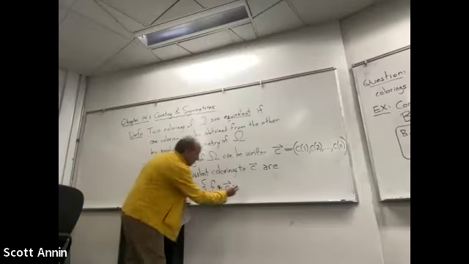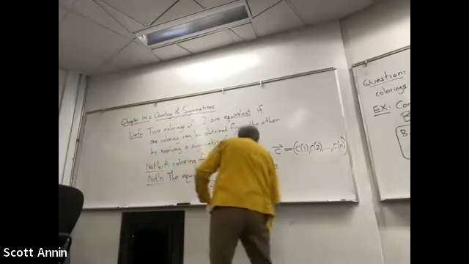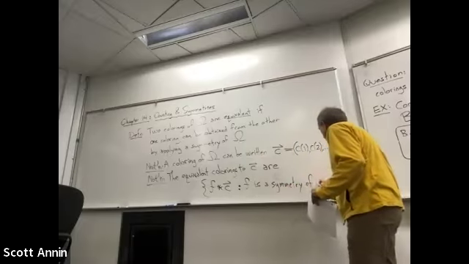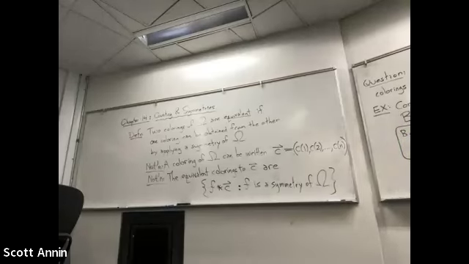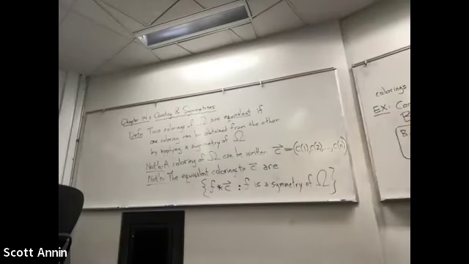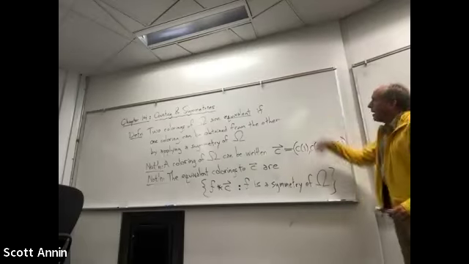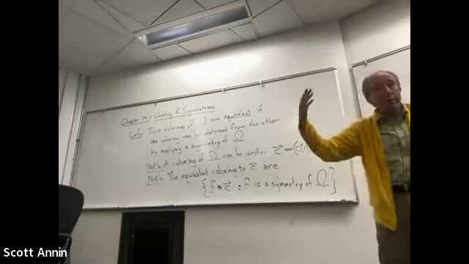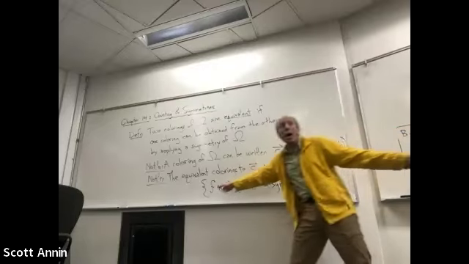So the f here is such that f is a symmetry of omega. I think this should just be totally compatible with the definition of equivalent colorings. Two colorings are equivalent if I can start with one of them and get to the other one by applying a symmetry.